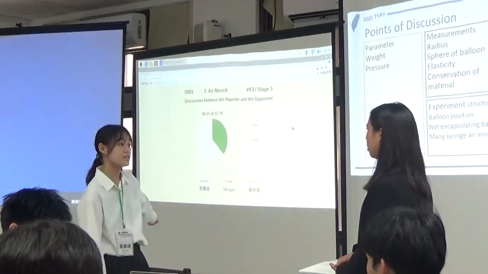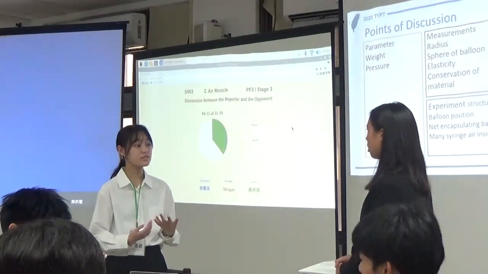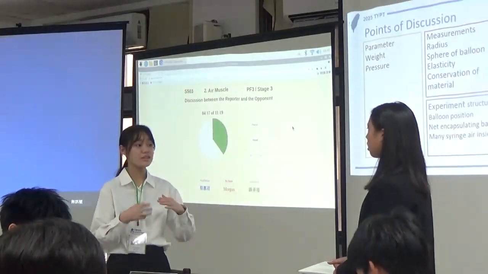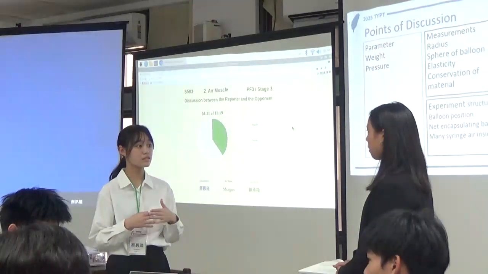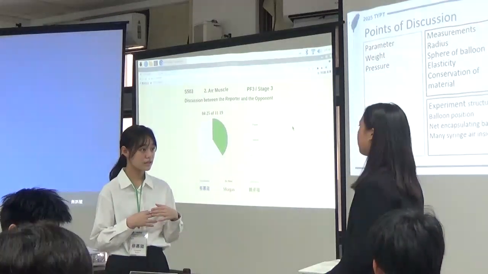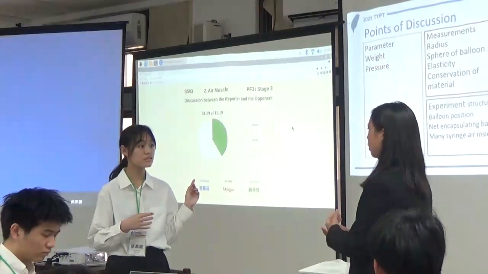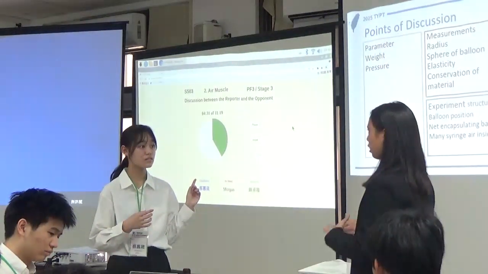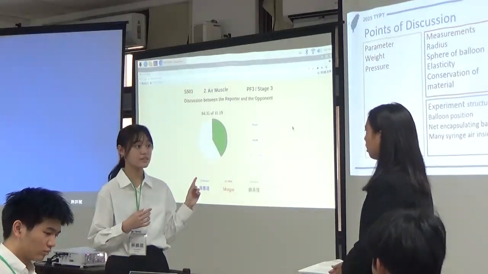I think I mentioned it. There's a force on the contact of the surface between the cylinder and the balloon. And did you account for the conservation of material? Yes, that's in the theoretical model. But did you do anything with it for your actual model, or was it only slightly mentioned in your theory? Just in the theoretical model.